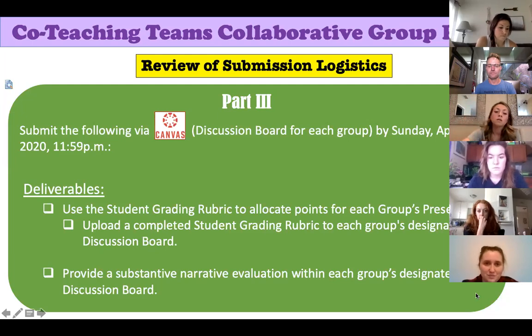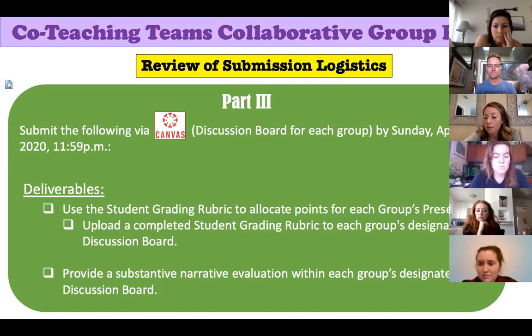The student grading rubric is essentially you just giving them a numeric evaluation, and then in the discussion board, that's where we really want you to be specific and very meaningful in the feedback you give the group. Make sure it's constructive feedback for them to know what they can improve on in terms of the instructional strategy that they model for you, and the content, how they deliver it.